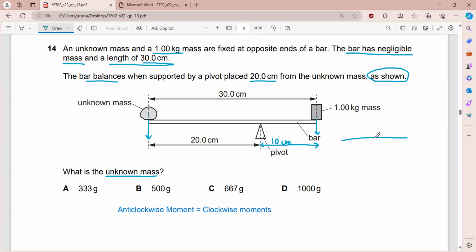I just take my pen, make my finger a pivot, and apply a force here with my other hand, and then see which direction it's rotating in. So when you apply this force in this direction, it's going to move this way. This way is anti-clockwise. So we know that the force on this side is going to be anti-clockwise.